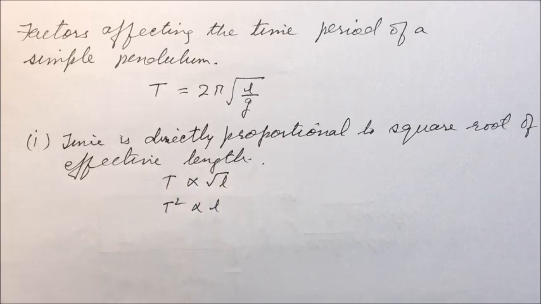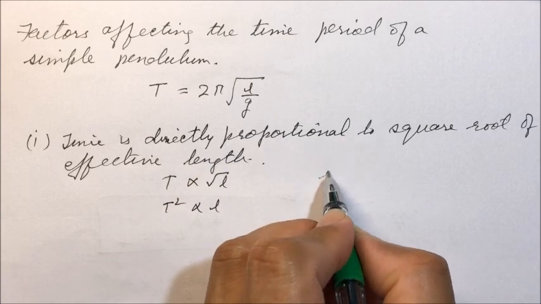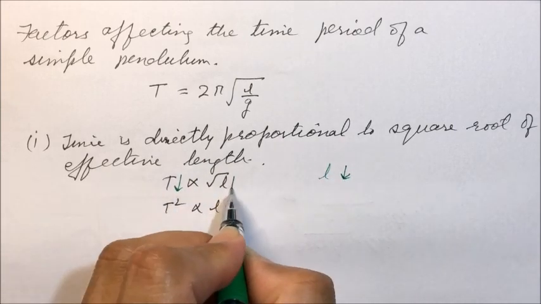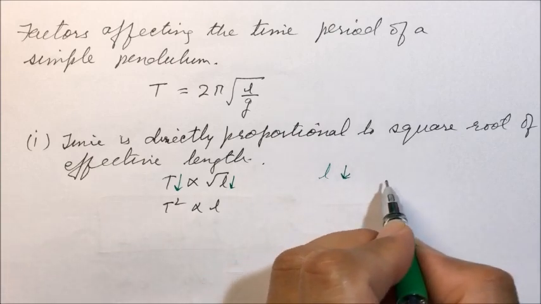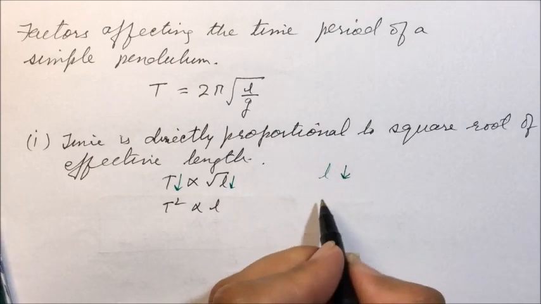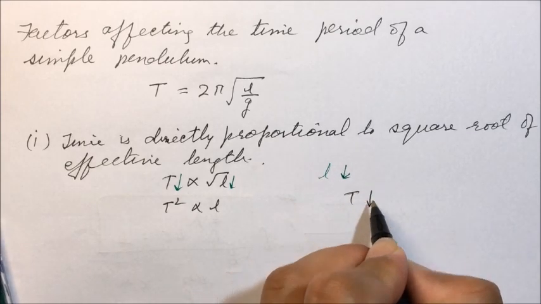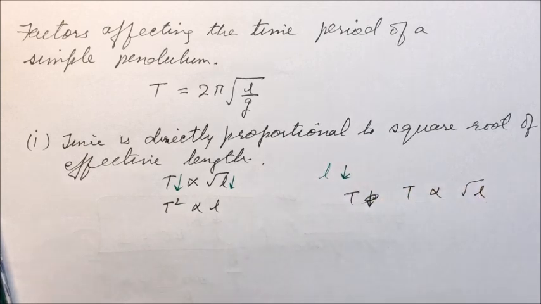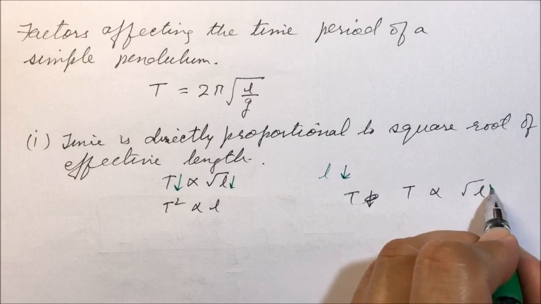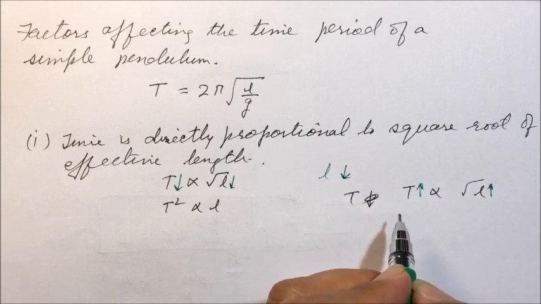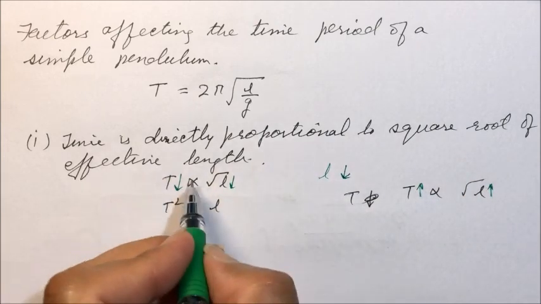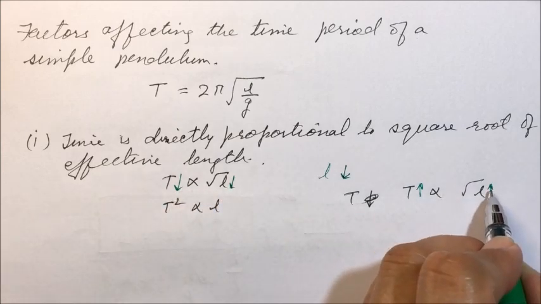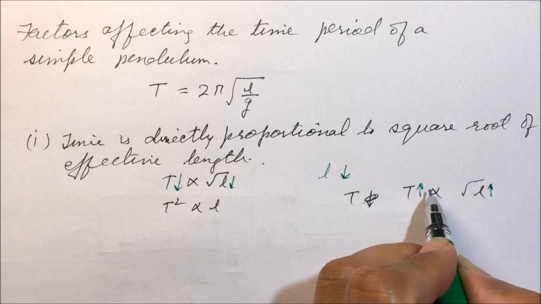As the effective length decreases, the time period will decrease, and as the length increases, the time period increases as well. They are directly proportional.